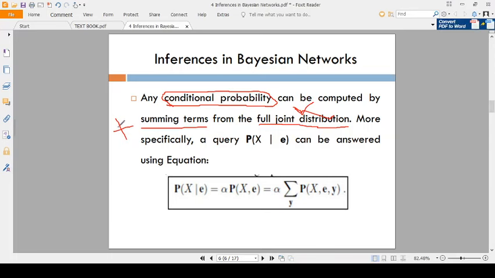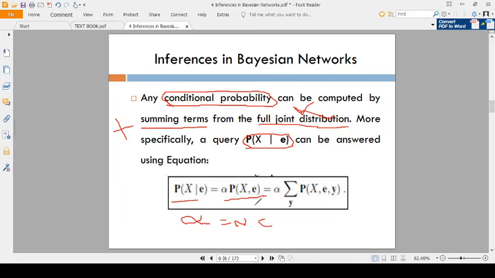These terms are summed, added. That is conditional probability. P of X based on event E is calculated by using alpha into P of X comma E, where alpha is a normalized constant.